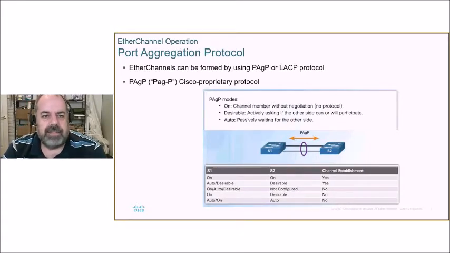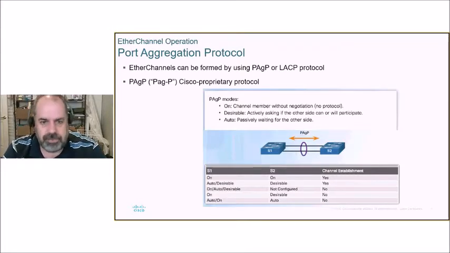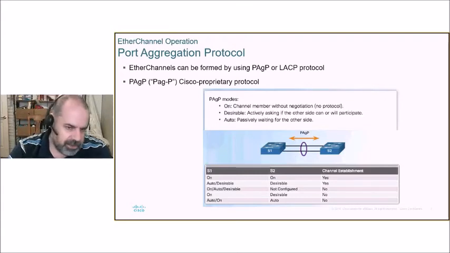Now, there are 2 possible protocols you can use: PAgP, which is Cisco proprietary, or LACP, which is standards-based. There are different mode commands. They behave in very similar manners, but by using different commands, it specifies which version of EtherChannel you're going to use. With PAgP, you've got the options of on, desirable, or auto.